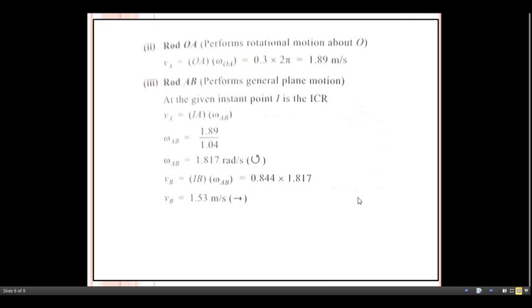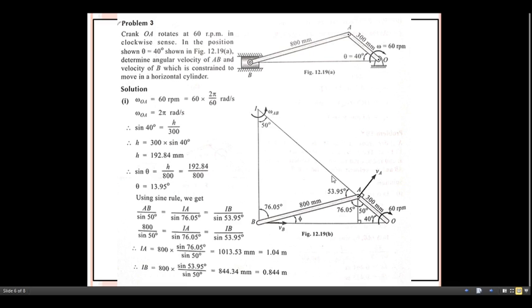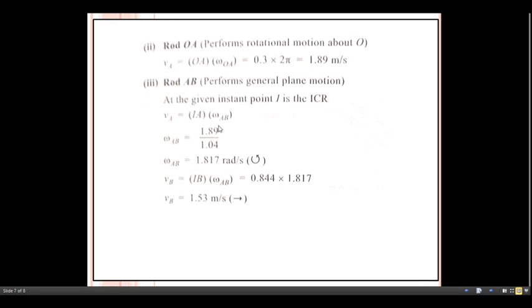The formula written earlier is VA equals OA multiplied by omega OA, and here VA equals IA multiplied by omega AB. So why is the formula written differently? Because if any rod possesses the general plane motion, you need to consider the distance outside of that mechanism. So here IA multiplied by omega AB is written.